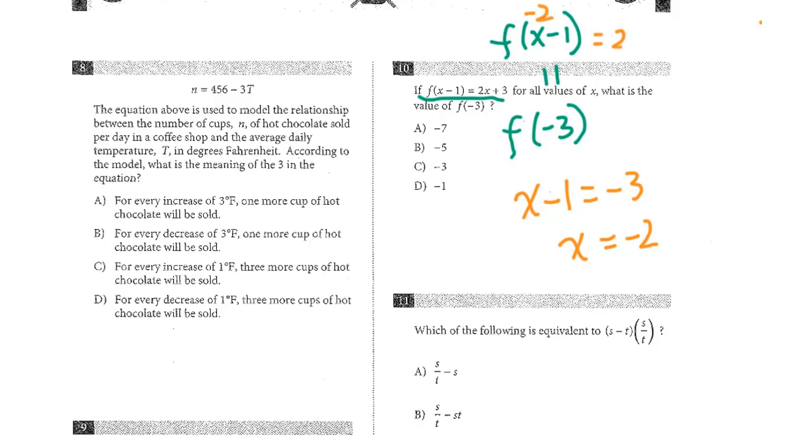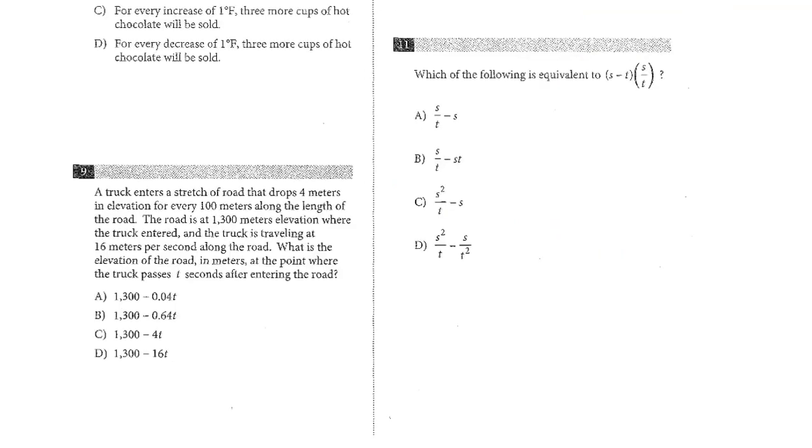That's 2 times -2 plus 3 equals -1. That's the answer. So normally for this kind of question, you make sure these two are equal, and then find out x, then plug in x.